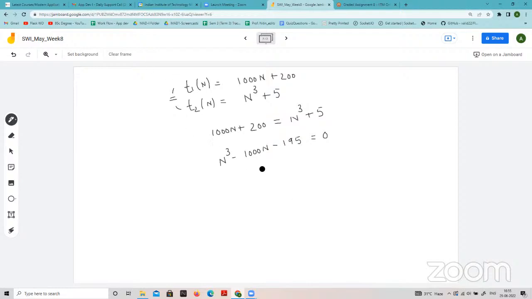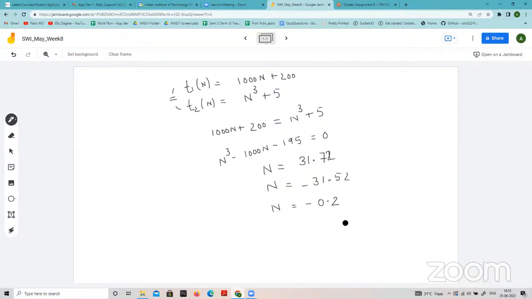Okay, so one value of n is 31.72, let's say 31.7198. The other value is minus 31.52, and another value is minus 0.195, so I'll write it as minus 0.2.